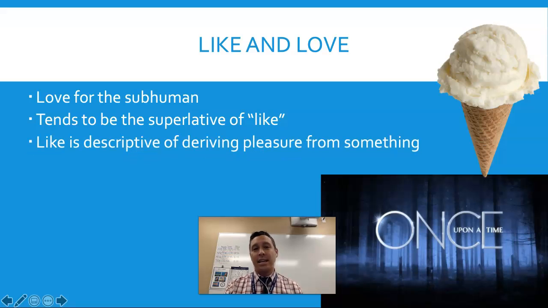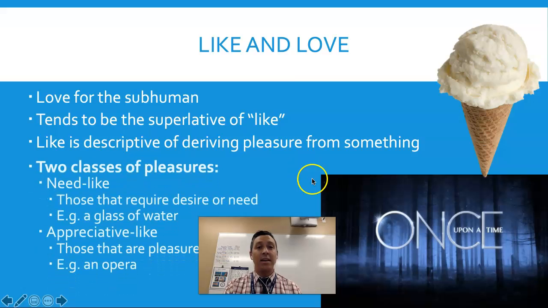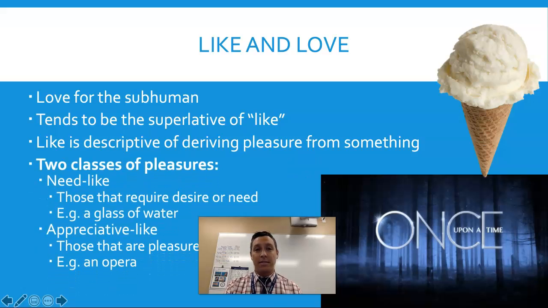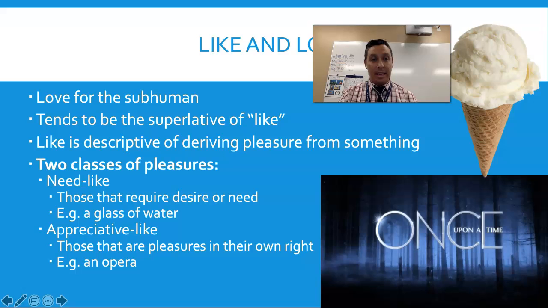He says that it's descriptive of deriving pleasure from a non-human thing. And there are two main categories of this. One is need-like. Need-like are things that require desire or need, like a glass of water, and appreciative-like are things that are pleasures in their own right.